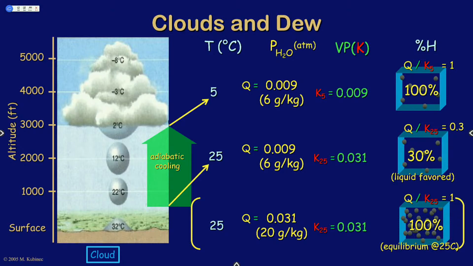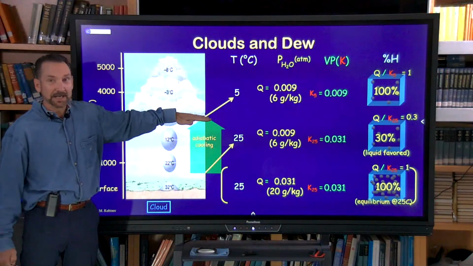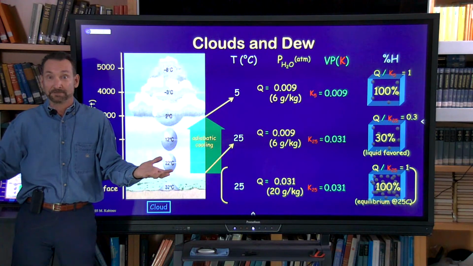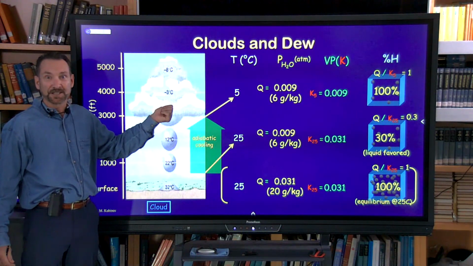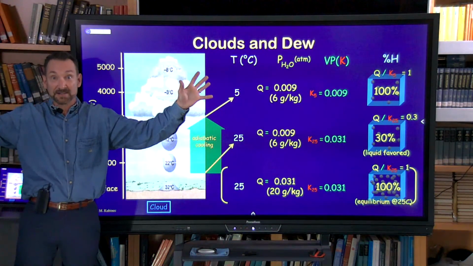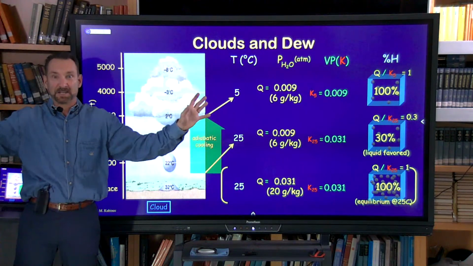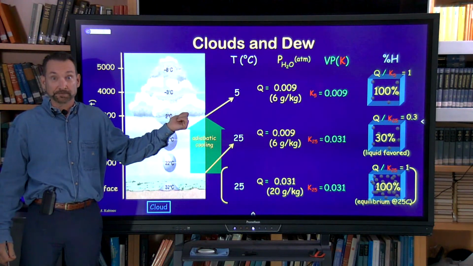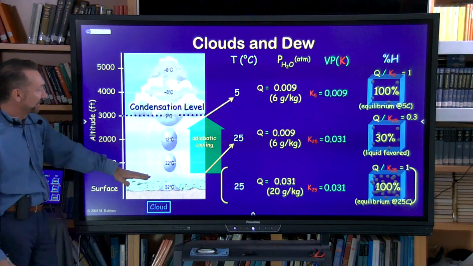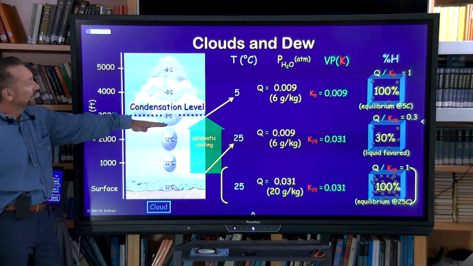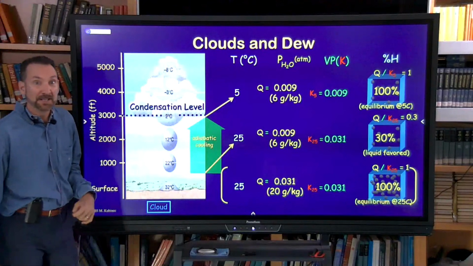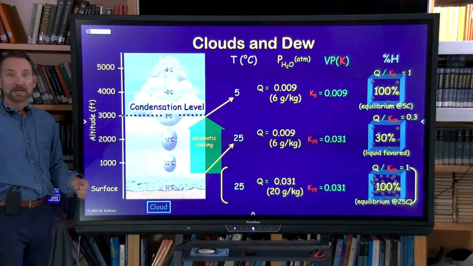Again, we're back to 100% humidity. 100% humidity means I see the water vapor. And there's no surface for it to condense on, so it doesn't condense into a puddle. We see it as clouds. We see the liquid water suspended in the air. That's a cloud. Okay, so we call this the condensation level. Adiabatic cooling, when you've cooled enough that you've reached equilibrium for the relative humidity that you have, then you get condensation.